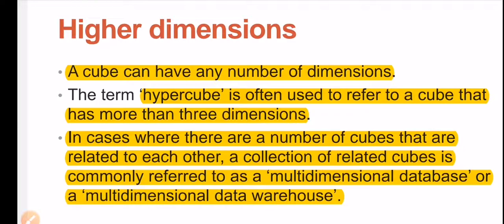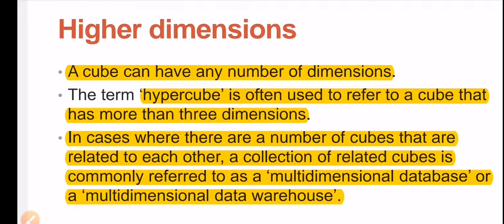A cube can have any number of dimensions. Hypercube is often used to refer to a cube that has more than 3 dimensions. For us, it is simple to understand 3 dimensions, you know, any cube is 3 dimensional, XYZ, but if it has more than 3 dimensions, then it will be called a hypercube.